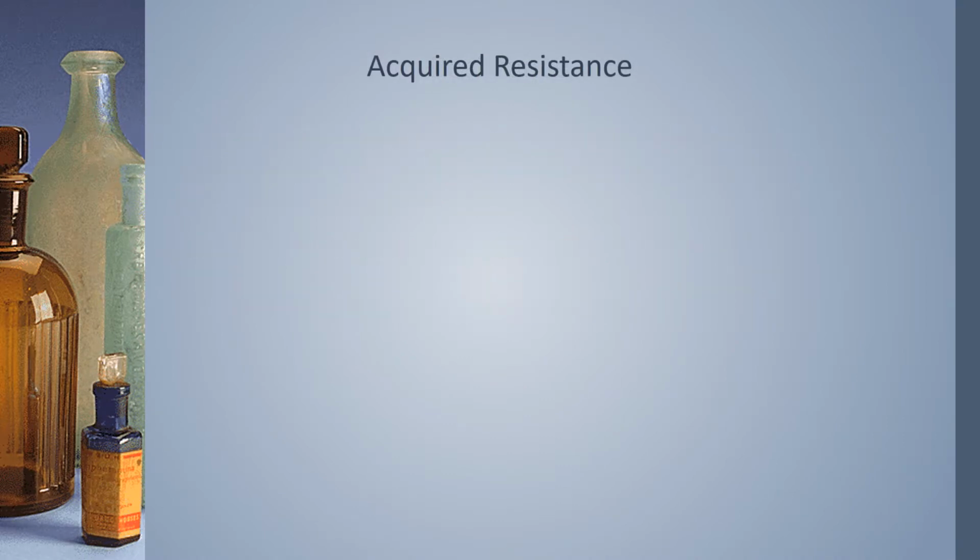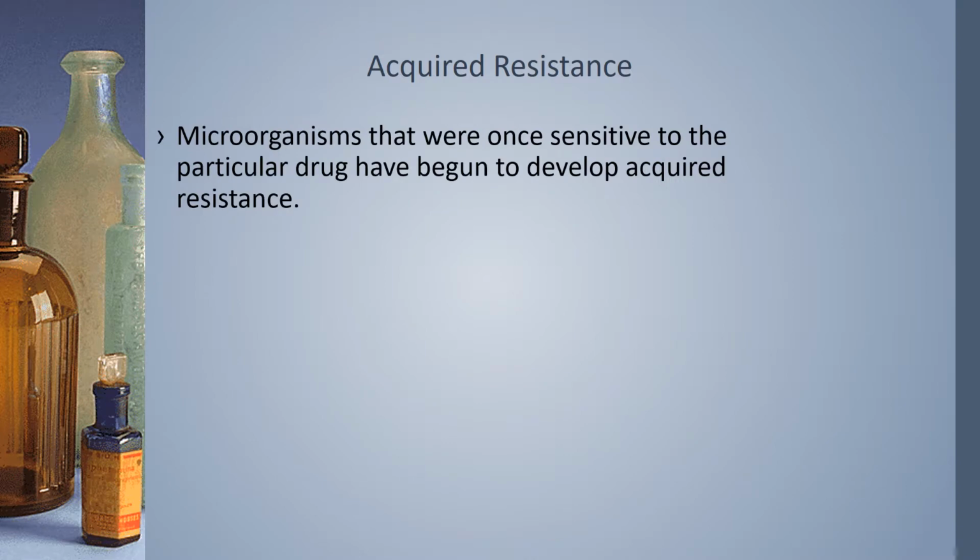So just a little bit here about acquired resistance. Microorganisms that were once sensitive to this particular drug have begun to develop an acquired resistance. And as a result, we see serious clinical problems. When we think about antimicrobial resistance, the microbe becomes resistant to that drug.